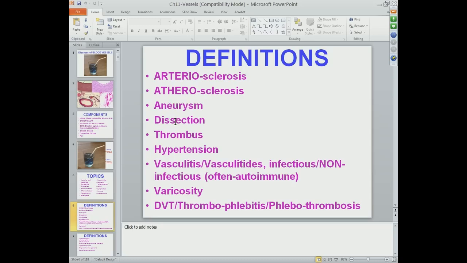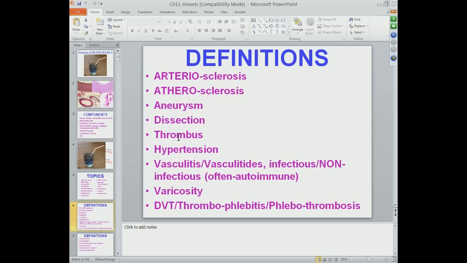Dissection in a blood vessel refers to the passage of blood throughout layers of the vascular wall, which is also related to weakening and also associated with aneurysms. We all know what a thrombus is. We spent several chapters on it.